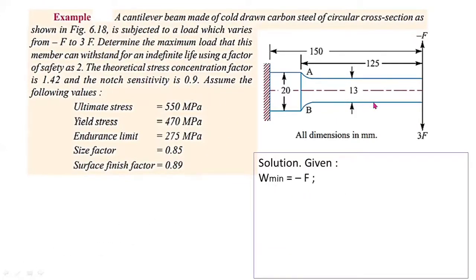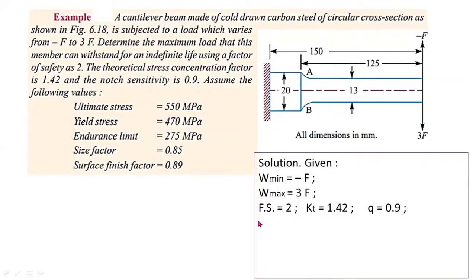Here the minimum load is -F and 3F is the maximum load. Now factor of safety Fs equals 2, and the theoretical stress concentration factor equals 1.42. Notch sensitivity is very important. So q equals 0.9.